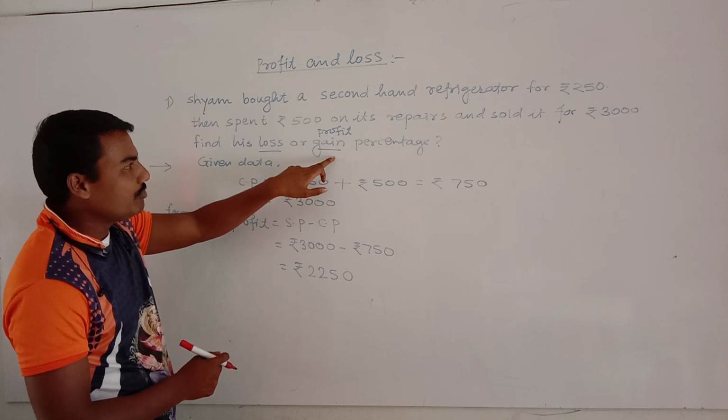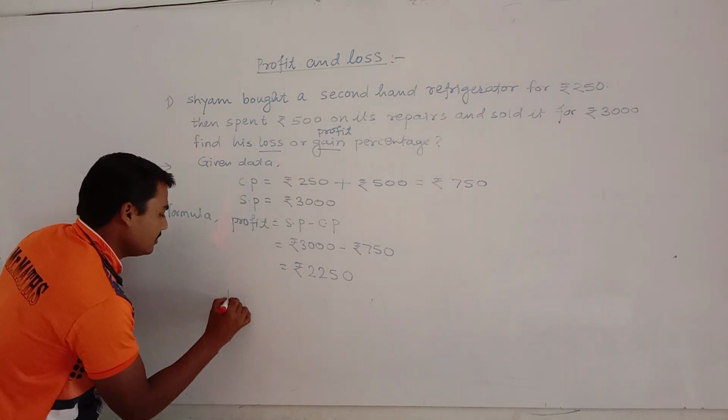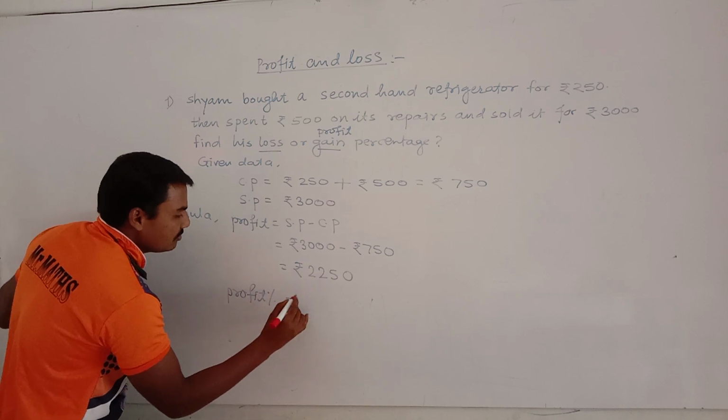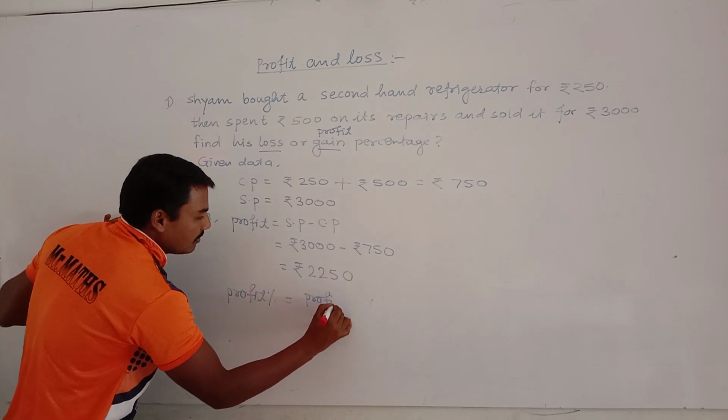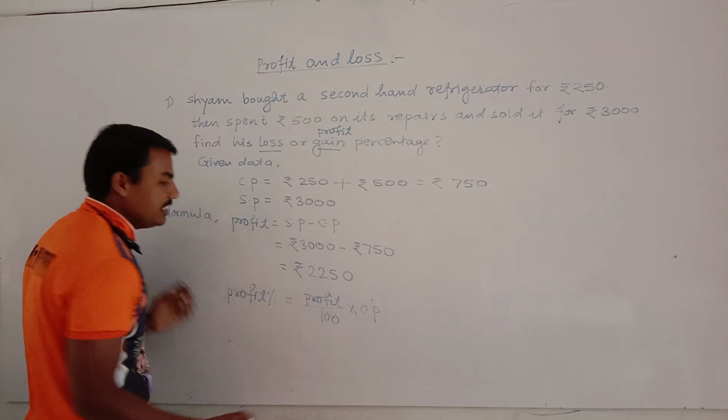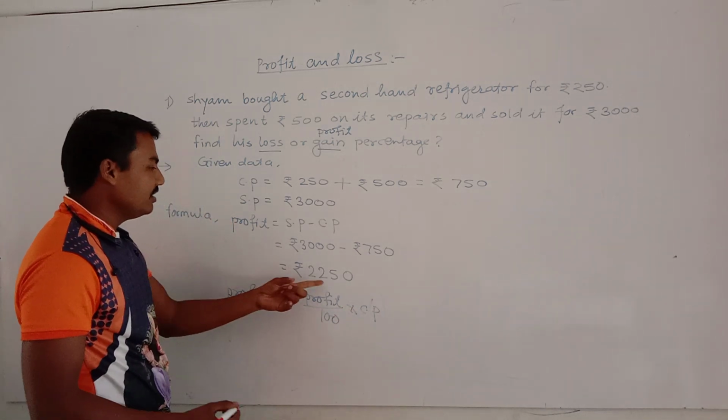Gain only has happened, profit has happened. Now profit percent. Profit has happened, so profit percent is equal to profit upon cost price into 100. It is the formula. In that we have to put the values.